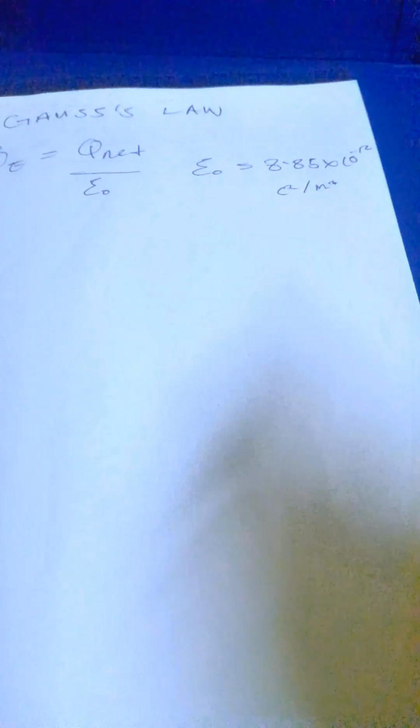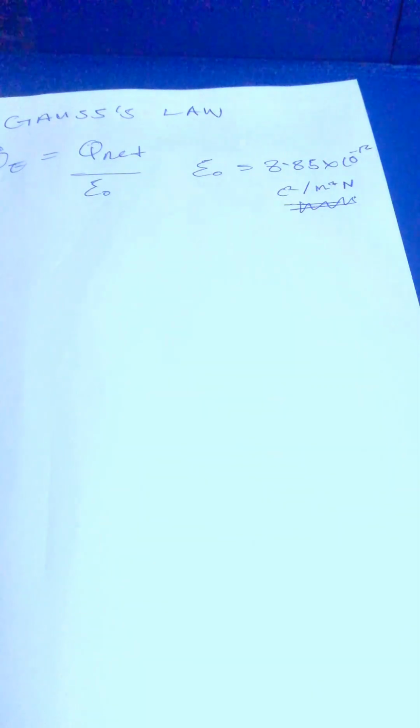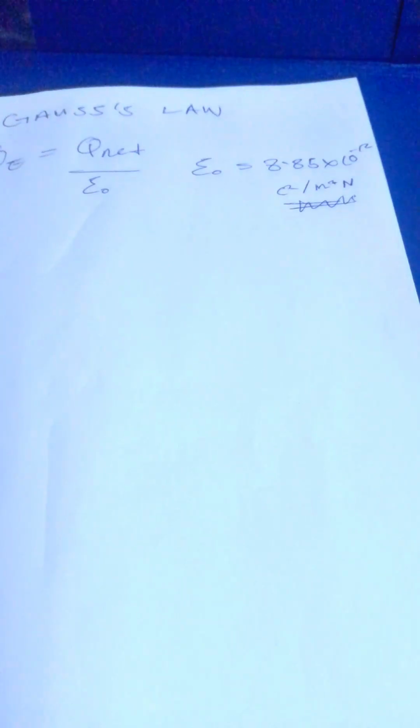So the SI unit is coulomb squared per newton per meter squared. This is the unit for epsilon naught.